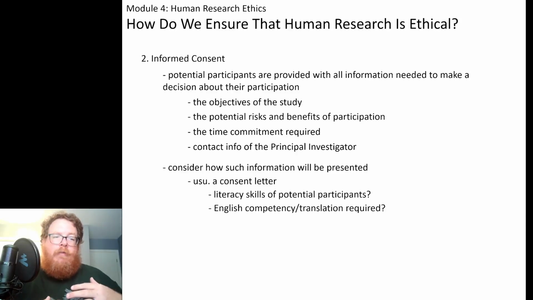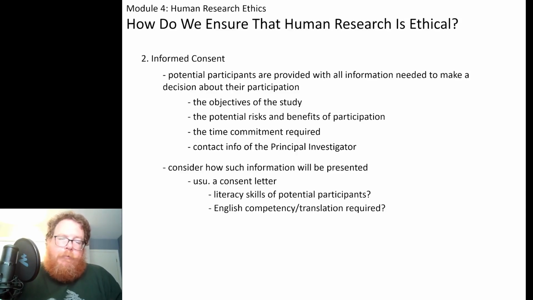So is giving a consent letter to someone who has cognitive difficulties reasonable? Maybe I want to do an Alzheimer's study and I'm giving a consent letter to an older patient who has dementia. Is it really reasonable to expect that they're going to fully understand what they're reading in the consent letter to be able to sign and give their permission?